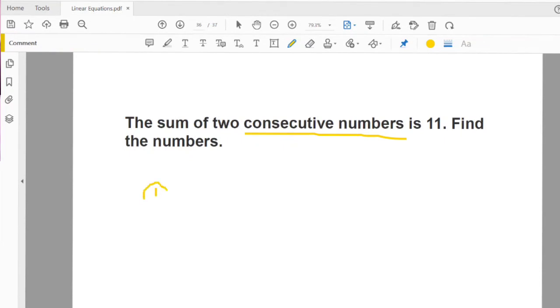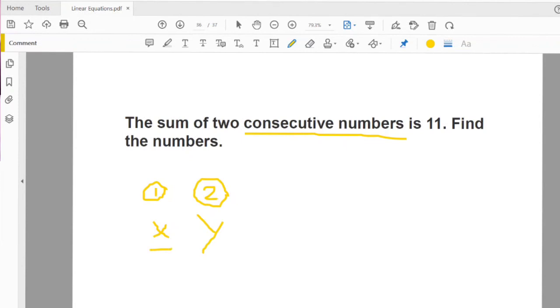So in order to find the answer, suppose our first number is x, and our second number is y. But what we have in our question is that the two numbers are consecutive.